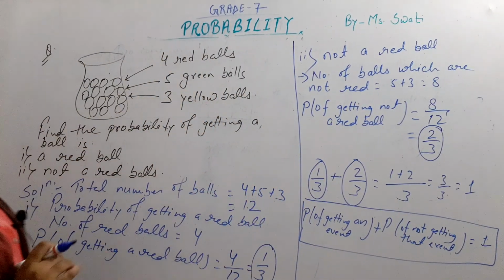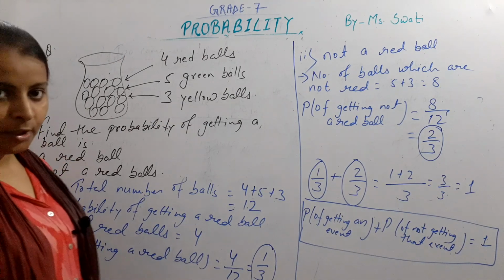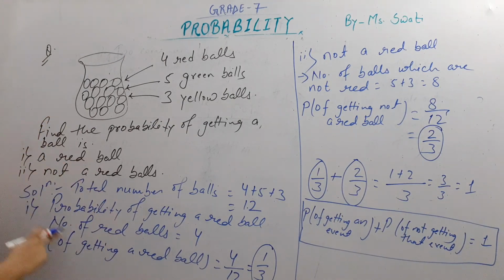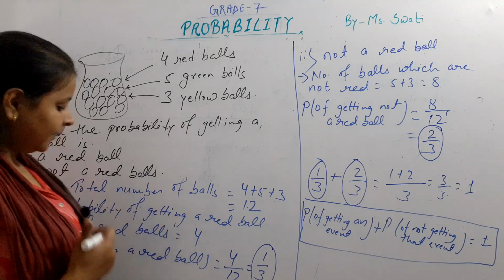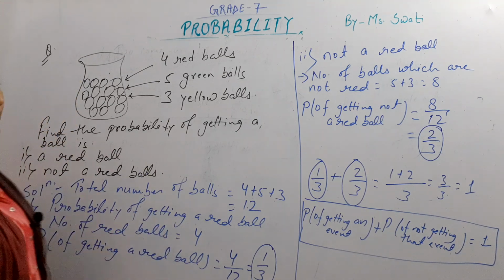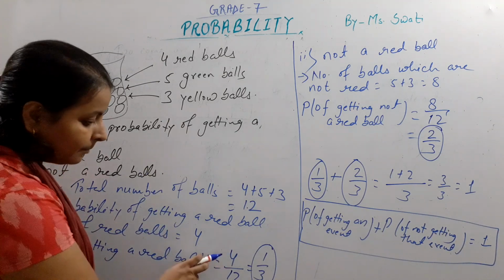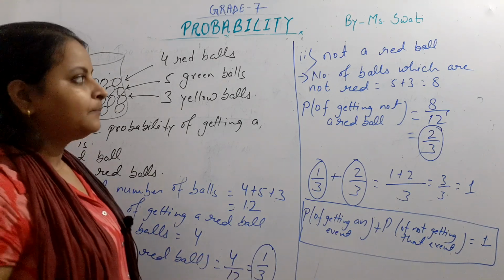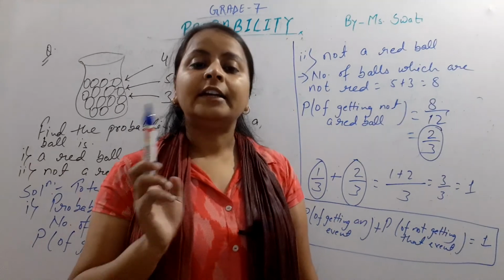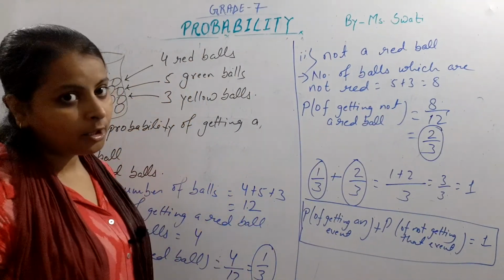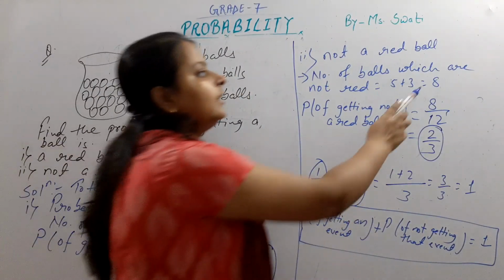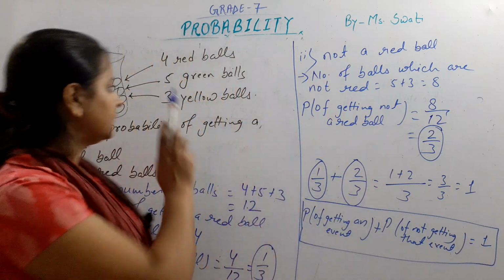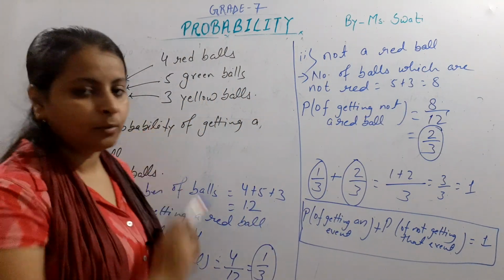What we did in this question, first we find out the total number of balls, then number of red balls is equal to 4. What we have to find out? We have to find out probability of getting a red ball. So number of red balls by total number of balls, we get 1 by 3. Now probability of getting not a red ball. So number of balls which are not red, that is 8. That is green color balls and yellow balls.